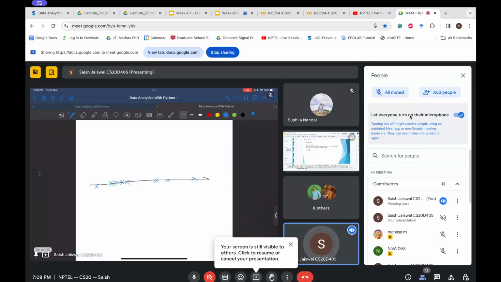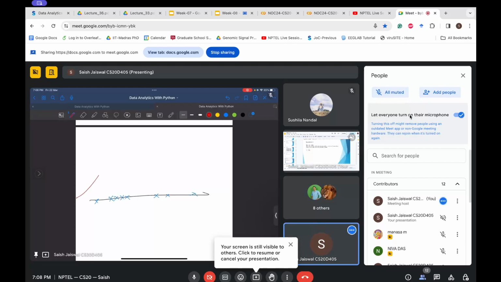Given the set of data points, you are trying to fit a distribution, any distribution, let's say a normal distribution, which maximizes the likelihood of each of the data points. This was one distribution, this is another distribution. Which of these two distributions fits the data points in a proper way, or best fits the data points?